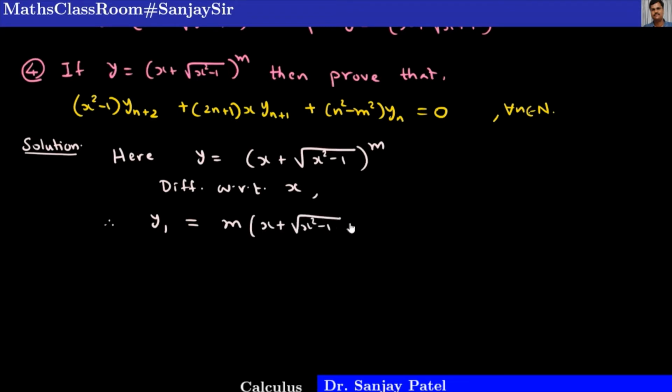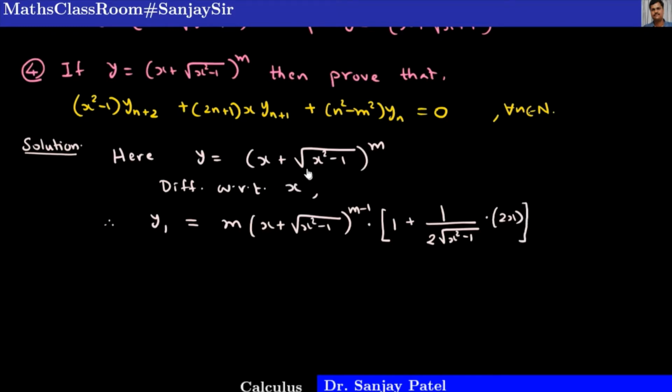And then the derivative of this bracket quantity, that is, into 1, derivative of x is 1, and derivative of square root of x square minus 1 is 1 upon 2 root of x square minus 1 into derivative of x square minus 1, which is 2x. So this is the first derivative of the given function.